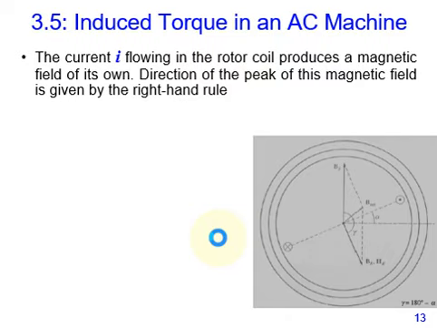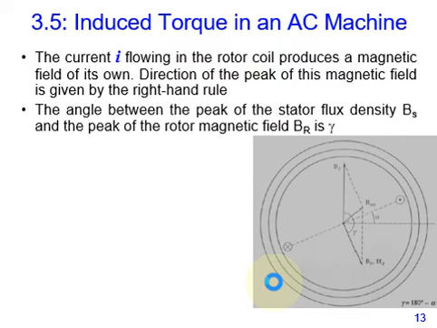The direction of the peak of this magnetic field is given by the right hand rule, and the angle between the peak of the stator flux density Bs and the peak of the rotor magnetic field Br is gamma.